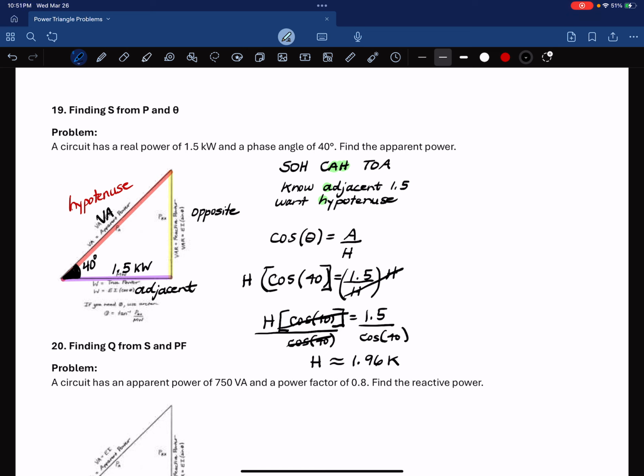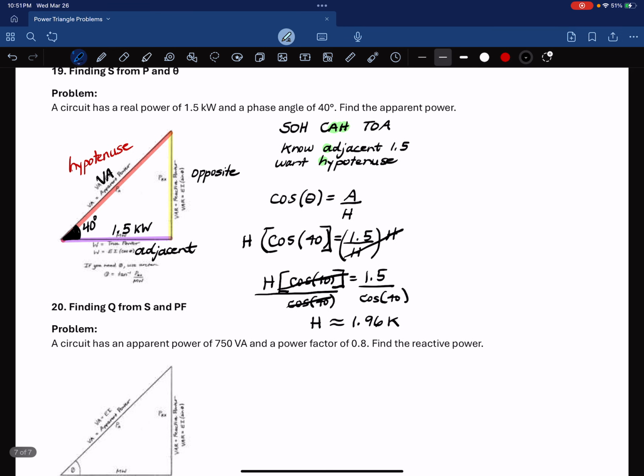That is one of the few times we've used cosine. Just to remind you, this is completely unrelated to this problem, but power factor can also be expressed as the cosine of theta. So if you wanted to know the power factor of this triangle, you would do the cosine of 40, which happens to be part of what we just found.